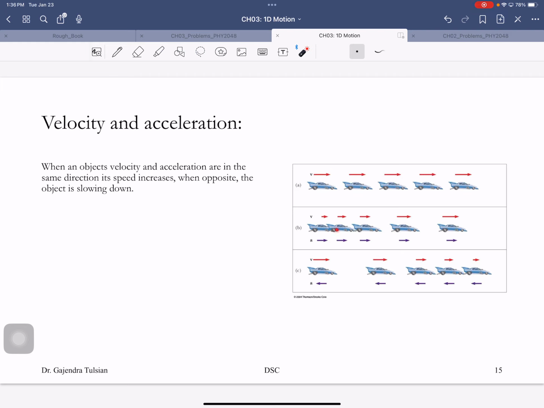Let's look at this picture. What is happening to the velocity? The magnitude is increasing. Only the magnitude is changing. And so the acceleration is tangent to the path. No, here it's showing constant acceleration.